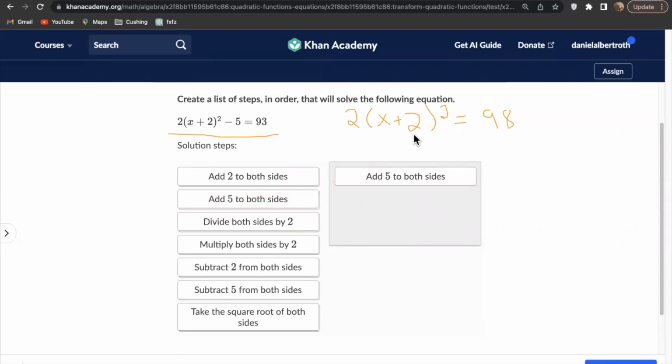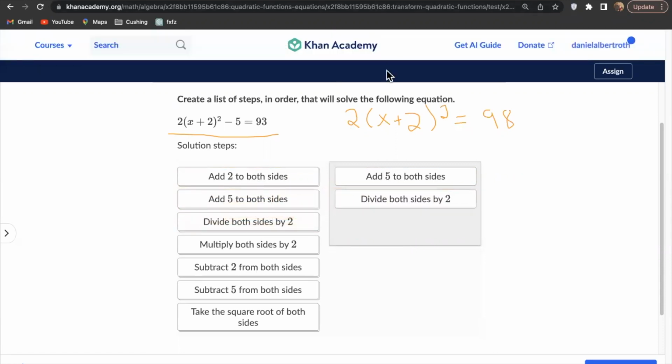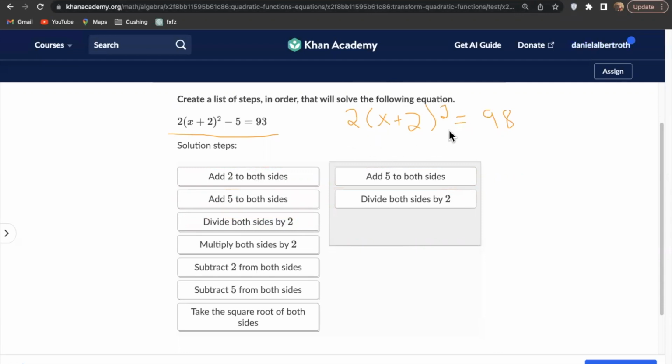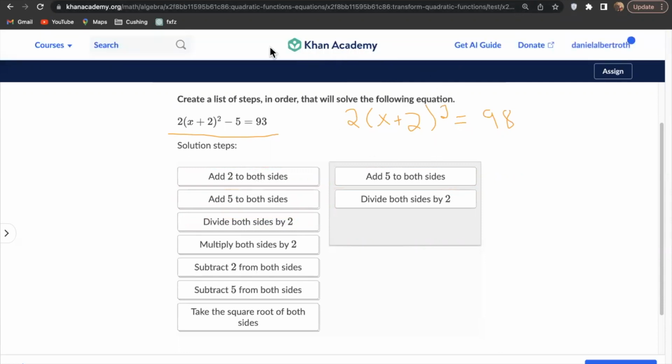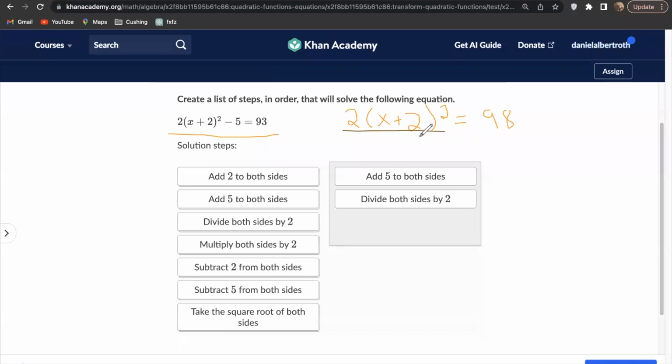Your next step, because we want to be taking a square root but that 2 on the outside is messing with us, would be to divide both sides by 2. That cancels out this 2, giving x plus 2 squared equals 98 divided by 2, so that's 49.